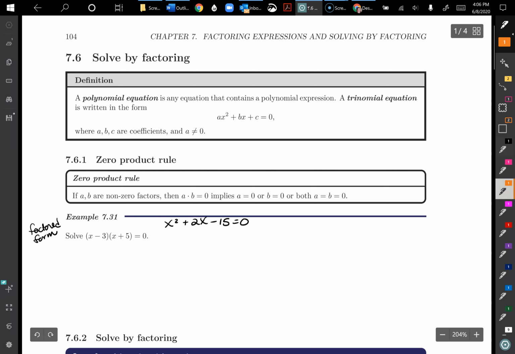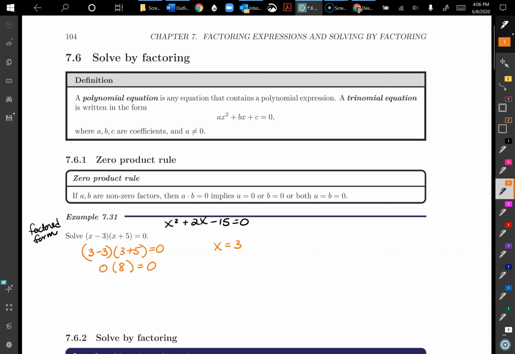And if x is 3, whoops, I can plug that in, and we'll find out that we would get 0 here times 8, and that would force it all to be 0. So a solution that we had would be x equals 3 is one of the zeros. We call them the zeros or x-intercepts, okay?